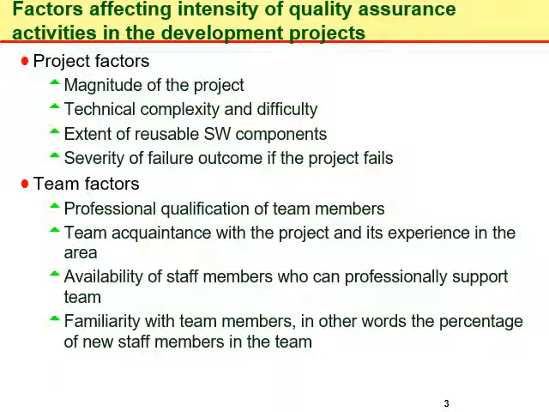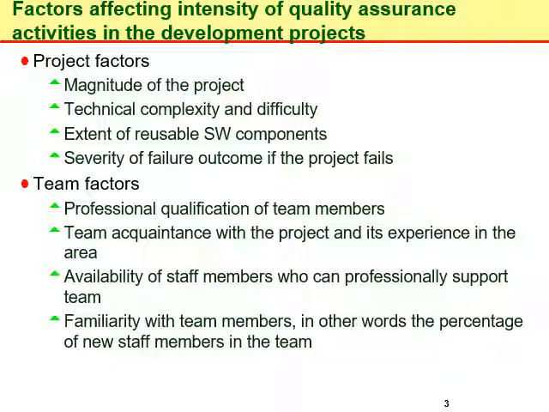So here we discuss the factors that affect the intensity of quality assurance activities in the development projects. In fact, there are two types of factors that affect the intensity of quality assurance activities in the development process. These factors are the project factors and team factors.